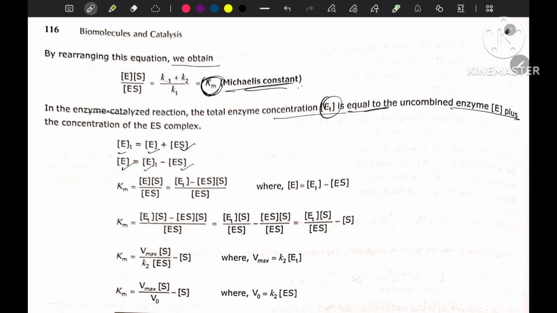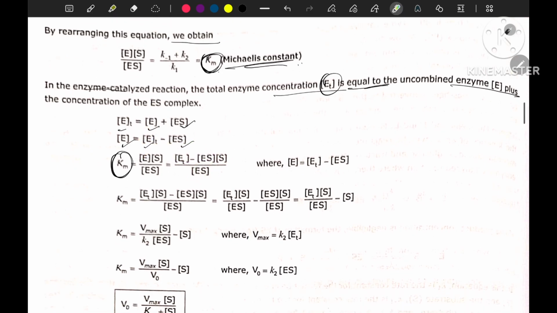Nice, understandable. Km is equal to [E][S] upon [ES]. We are substituting this E with ET minus ES, so we get this, multiplied by S upon ES. Now we will multiply this with this and this, so we get this equation.